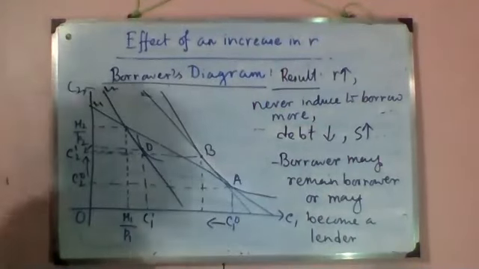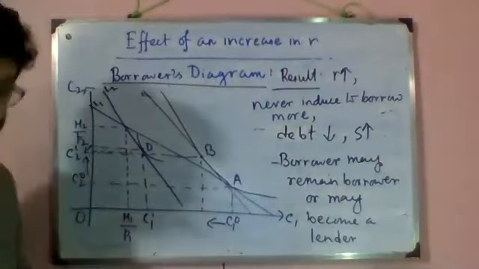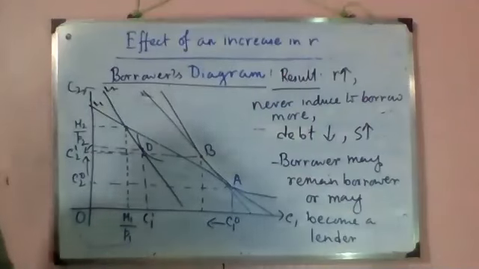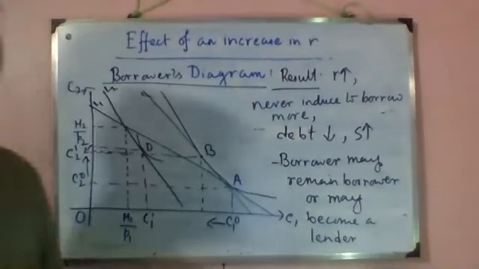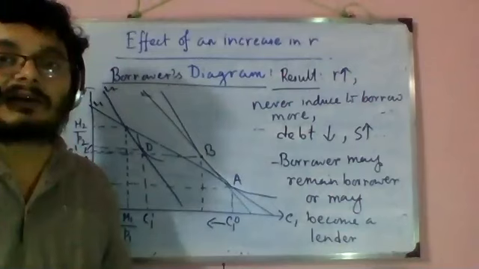Okay. Now, the alternative scenario is quite easy to understand. If I take a decrease in R, what will happen? The lender's income will reduce, right? But for the borrower, a decrease in R is good.